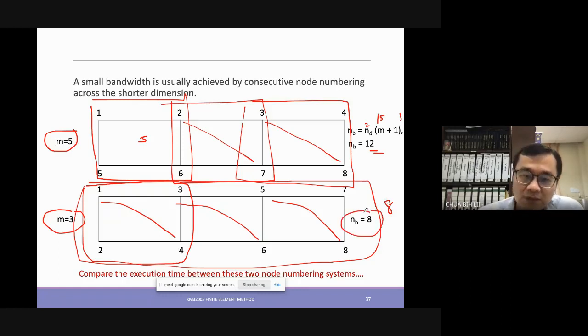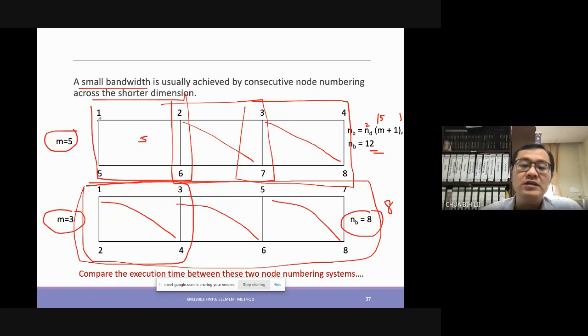So what we can learn from this particular example is that we will obtain a small bandwidth, okay, by putting the node numbering across the shorter dimension. Okay, we don't put it along the long dimension. We put it along the shorter dimension.